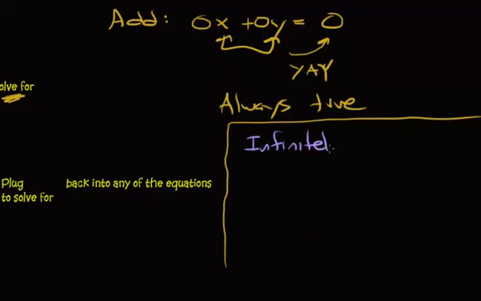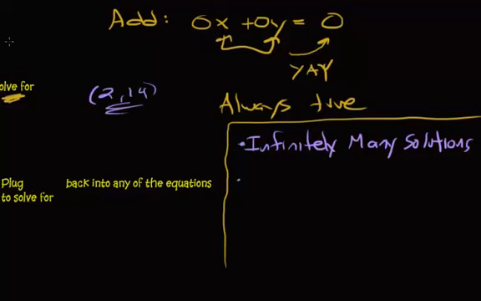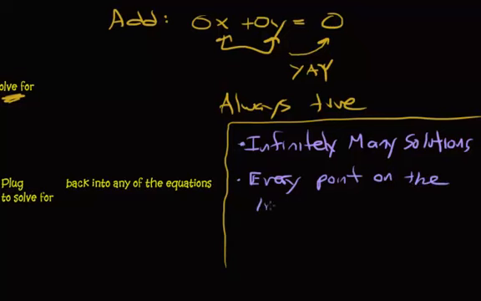Infinitely many. But again, that doesn't mean any pair of x and y, like 2 comma 14. I have no idea if that's going to work, but it probably won't. Just because it says infinitely many solutions doesn't mean any point will work. It just means that every point on the line is a solution.